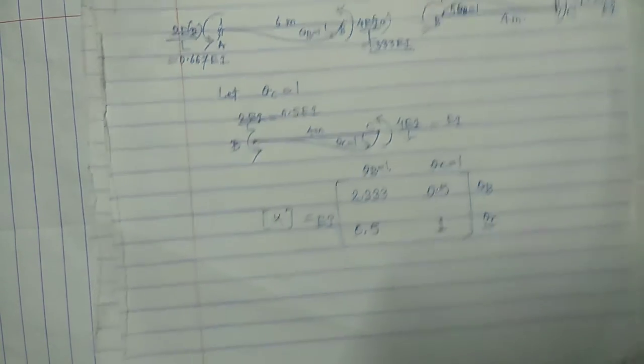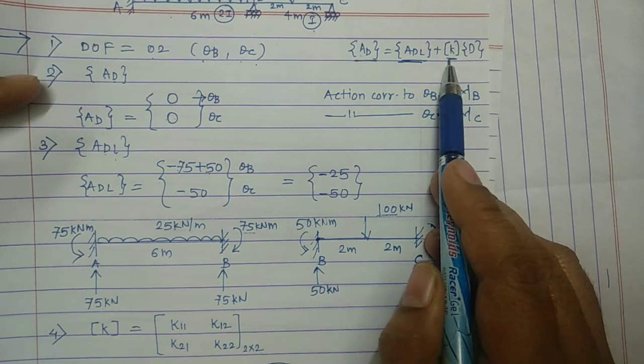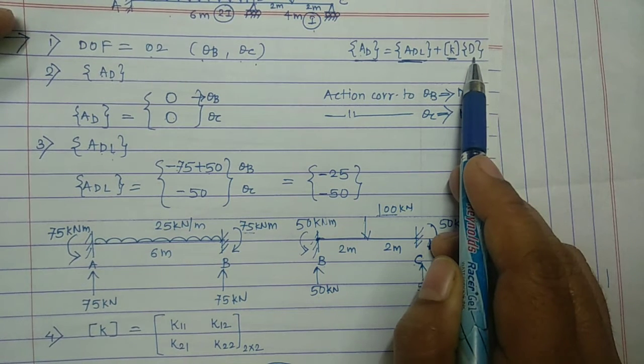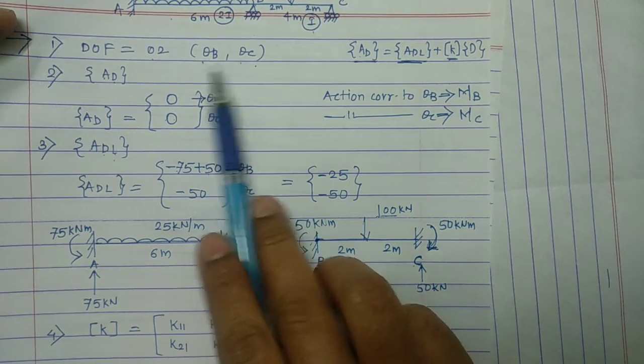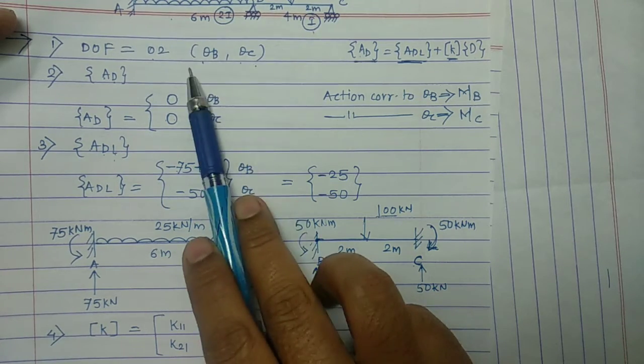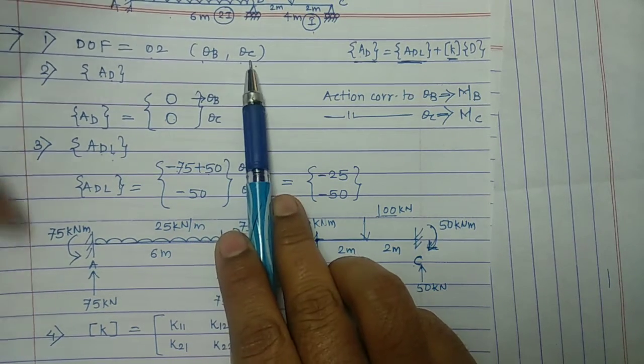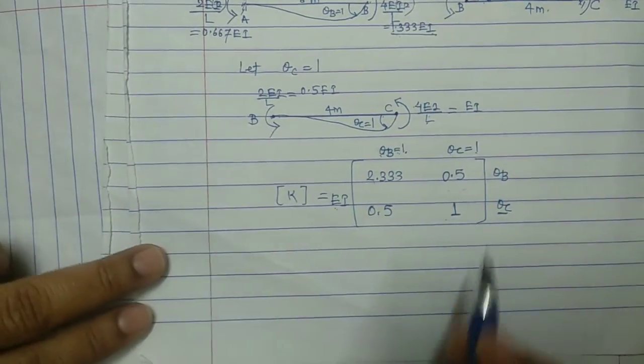Okay, that K matrix is this one. Now the last thing remaining is this D. So this D is the unknown displacement matrix, which will contain these 2 degrees of freedom which are unknown and need to be calculated here, theta B and theta C. So write the equation here.